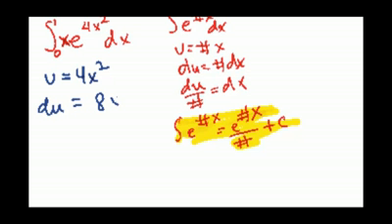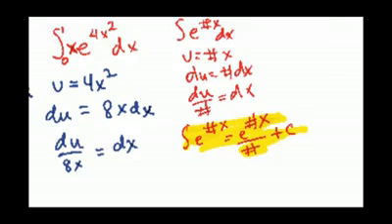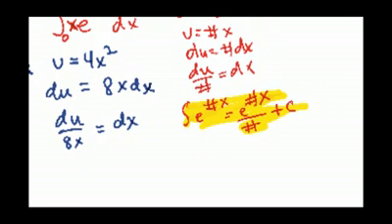In this case, an x term is what we have left in front. So yes, that is doable. Solve for dx. And then you get a new integral, x e to the u du over 8x.